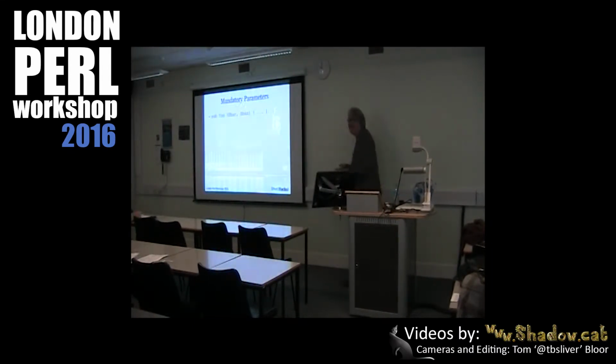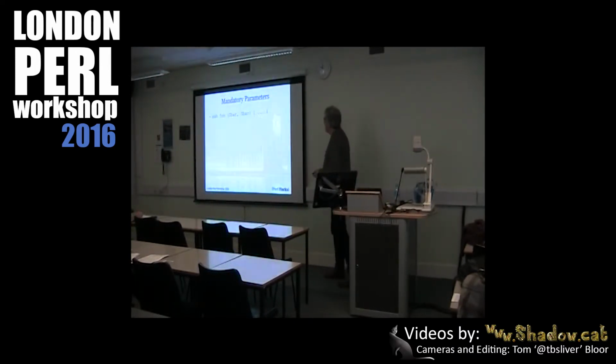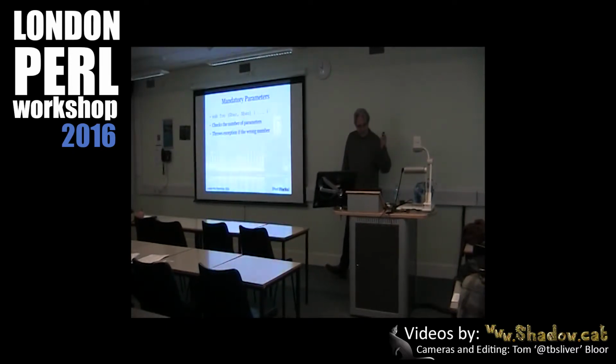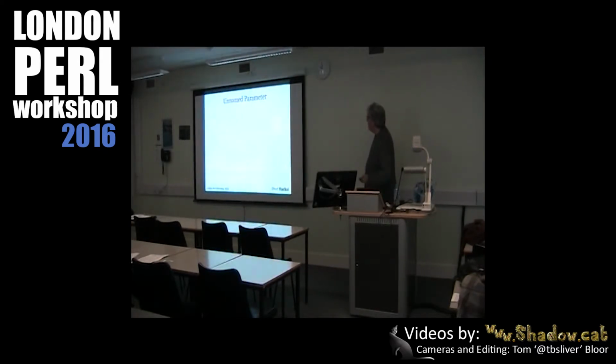So yeah, this defines 2 mandatory parameters that need to be passed into your subroutine. It checks the number of parameters that get passed and throws an exception if it gets the wrong number. And then it assigns the parameters to lexical variables called $bar and $baz.